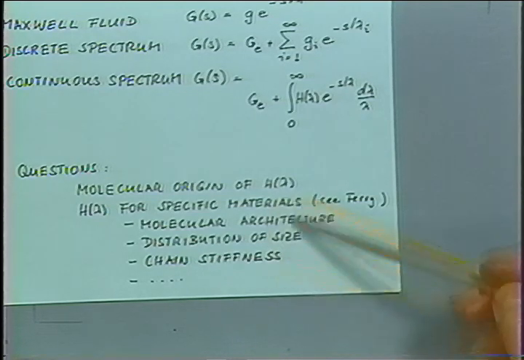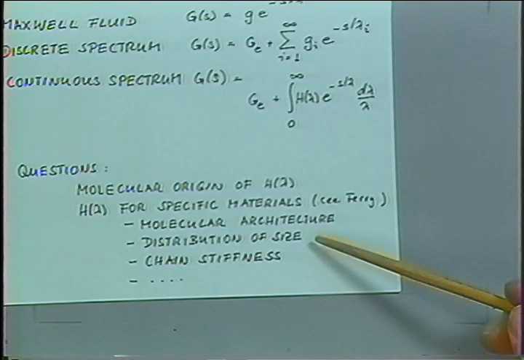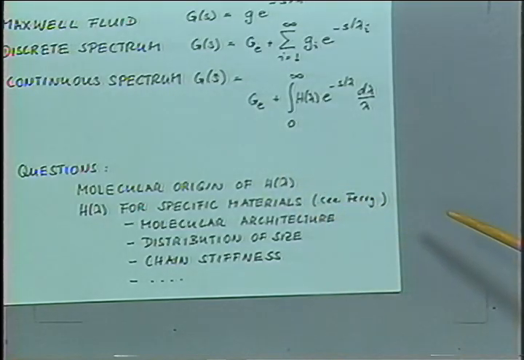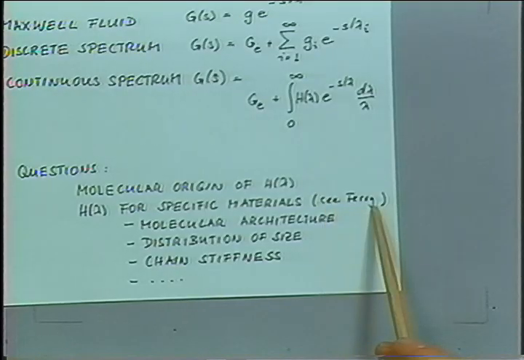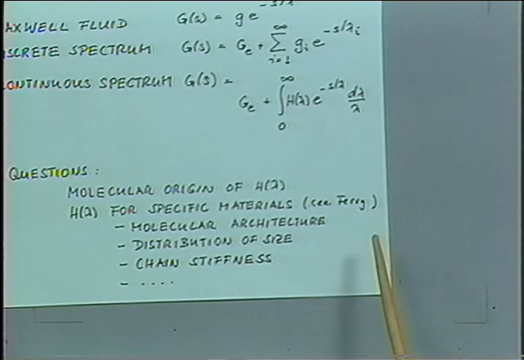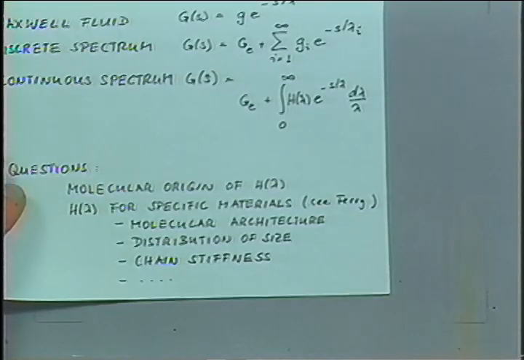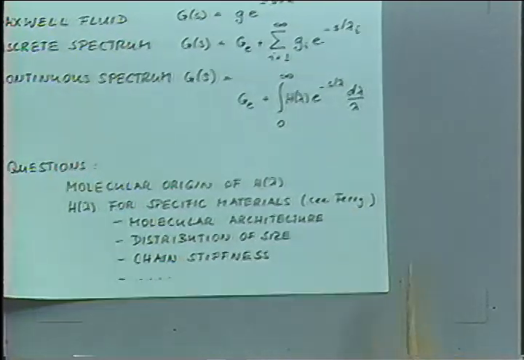So the molecular fingerprint is visible in h of lambda. Ferry has a very nice description of all the different materials and their relaxation spectrum. So Ferry's book, I think second edition, 1980, would be a very good source to look up some of the material behavior.